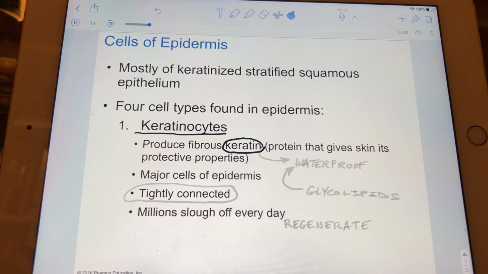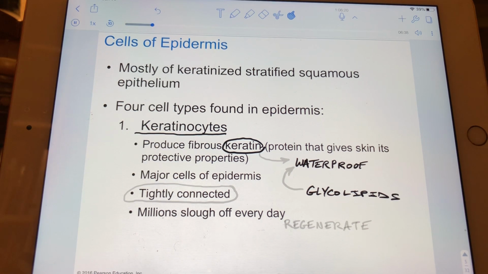It's waterproof, and it helps to therefore prevent desiccation. However, keratin alone isn't enough to ensure that the body doesn't lose water through the epidermis. Between keratinocytes, at least those that are apical most or surface most, in other words, those that are dead, we can find sort of like a grout, if you will, that's comprised of glycolipids.